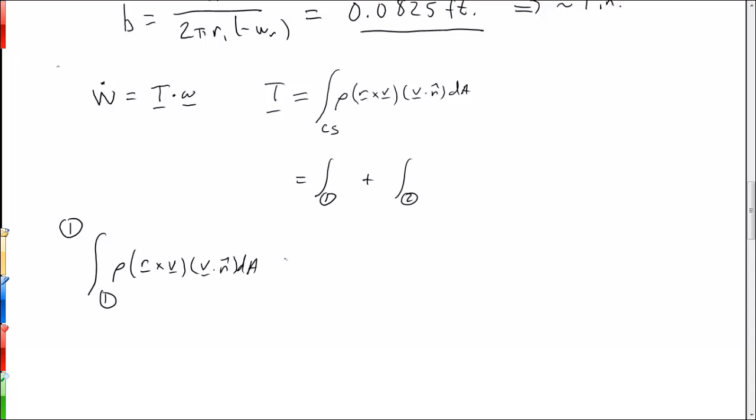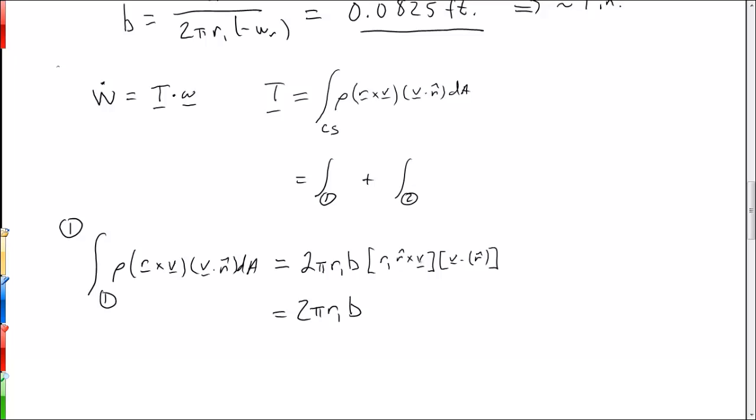So for the uniform flow, that's going to give us, as we're used to, integrated over the area. It's going to be the area, which is 2 pi r1 b, times r1 r hat cross v times v dotted with n hat, but n hat in this case is going to be the r hat outward pointing vector. And so we see that we get 2 pi r1 b.